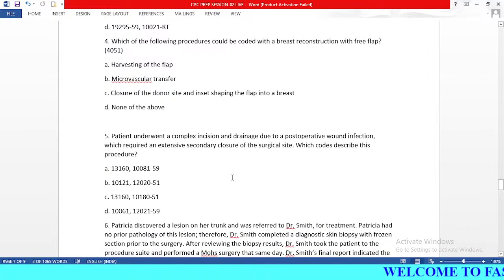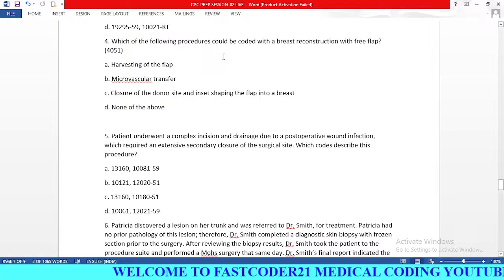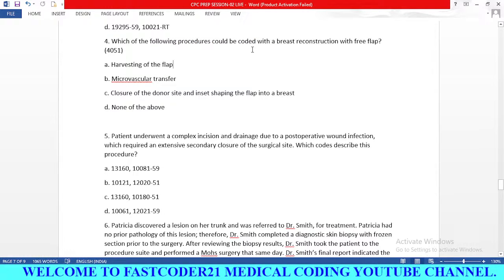So next question, which of the following procedures could be coded with breast reconstruction with free flap? So we need to identify here what are the conditions we can code along with free flap.